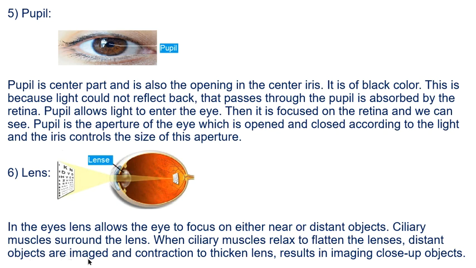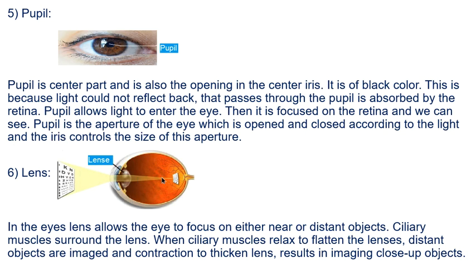And contraction or thickening of the lenses means the ciliary muscles, when contracted, will make the lenses thickened. The result is imaging close-up objects. Fine, we will see the close objects. So in the diagram you can see there is an object.